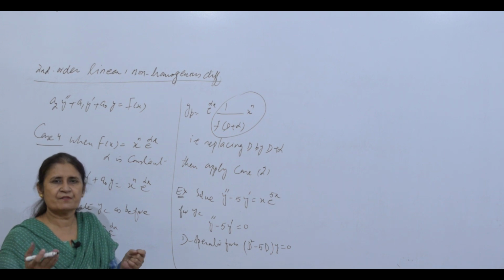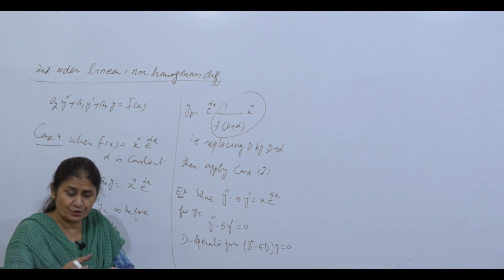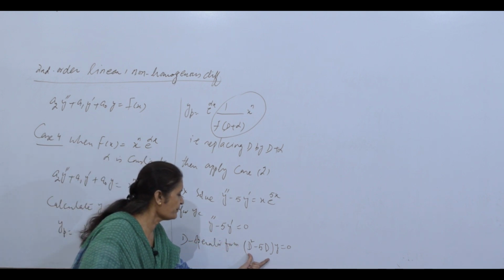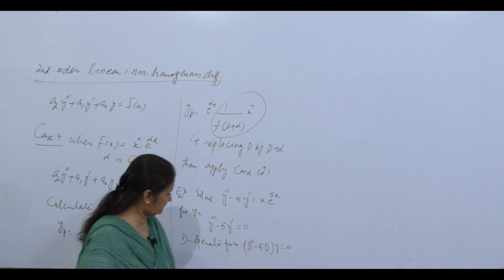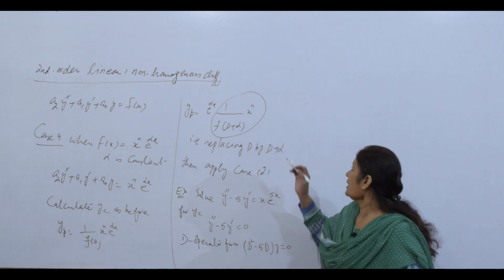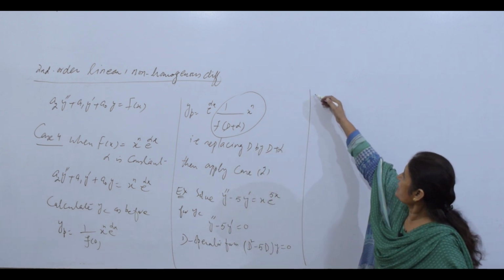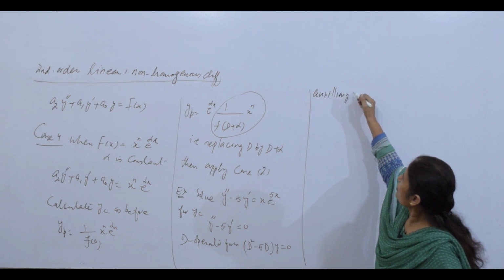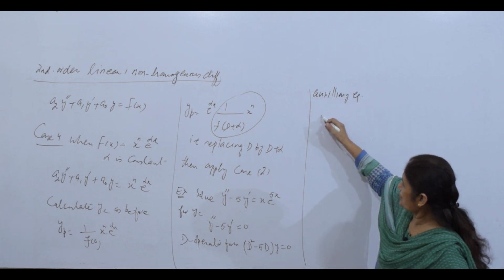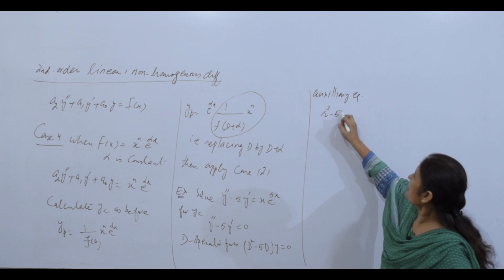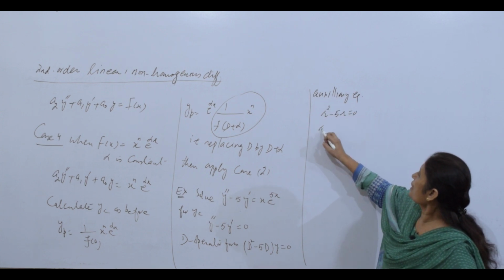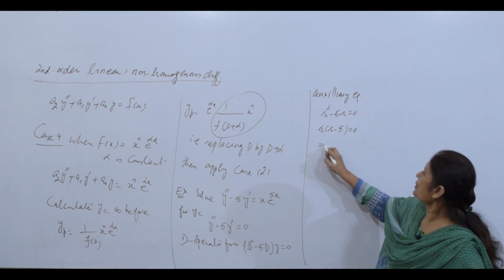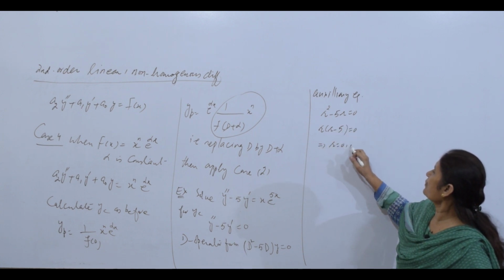Integration is an operator, differentiation is an operator, but they are operating on some functions. Similarly, this capital D is an operator and it is operating on y. After that, you write the auxiliary equation, which is r square minus 5r equal to 0. R is taken out, r minus 5 equal to 0. This implies r equal to 0 and 5.